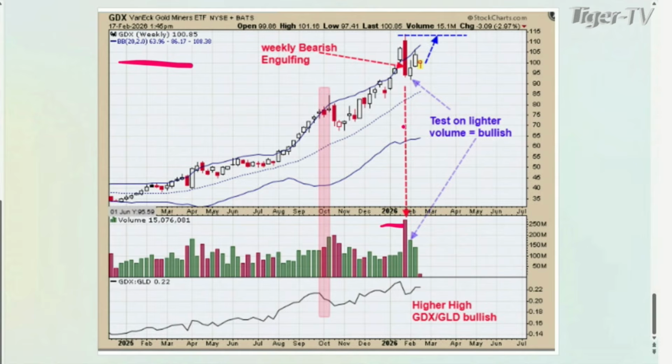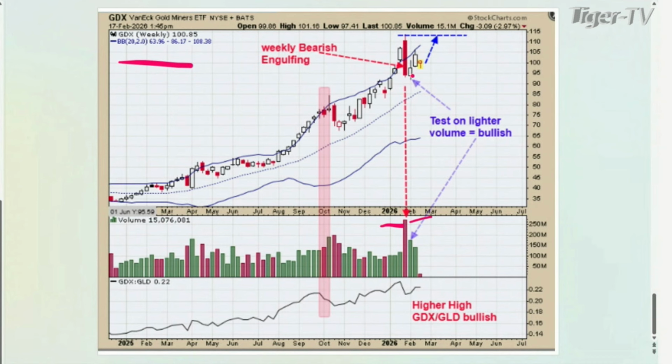A bearish engulfing pattern opens above the previous high and closes below the previous low, and so that at least flips the market sideways. If this one works out, to get through the previous low, volume has to be higher. This week came in at about 270 million shares.